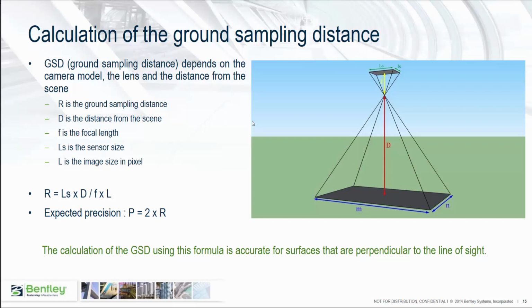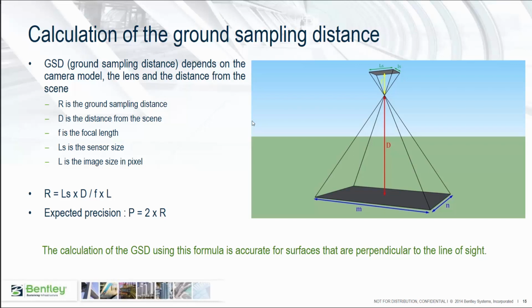With the image on the right, you are able to calculate the resolution of your photos, ground sampling distance. Here we call it R, with the formula written here.